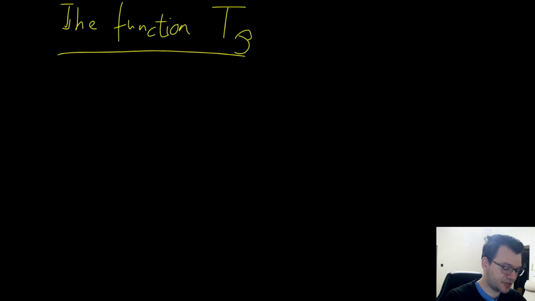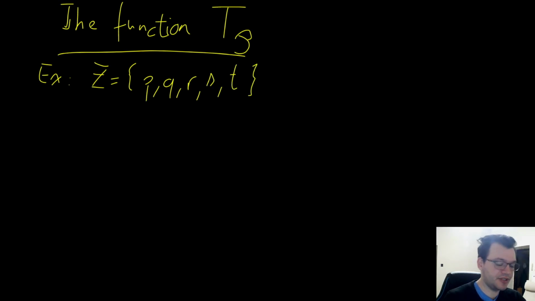So let's just start with an example. Our sample program is using the variables P, Q, R, S, T. Now remember, from this point on these are simple propositional variables, so they will take either the value 0, false, or 1, true.